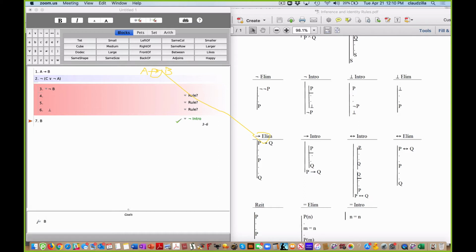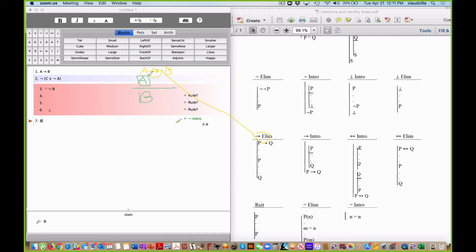But I also know that in order to eliminate the arrow, or more specifically to get B from the right side of the arrow, I need A. And I don't yet have A. So I'm going to box up what I want and don't have, and I'm going to say, well, I'm going to need to make some sort of an assumption at some point.